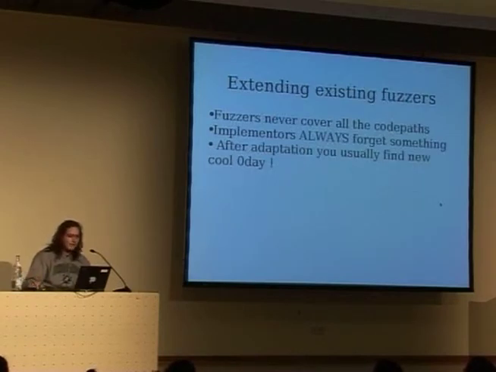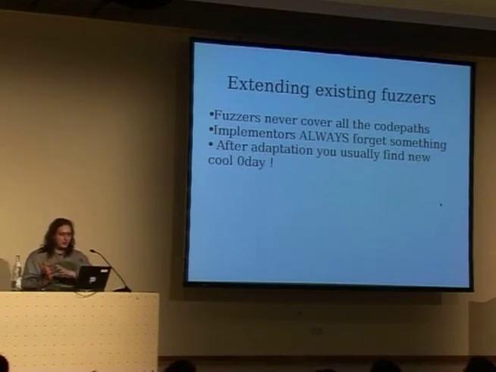Okay. Extending existing fuzzers. That's one of the things that you should definitely do, because the Mangle.me tool from Michal Zalewski, for example, was just scratching the surface. It only fuzzed a small part of HTML, and it didn't even cover anything else that the browser did.